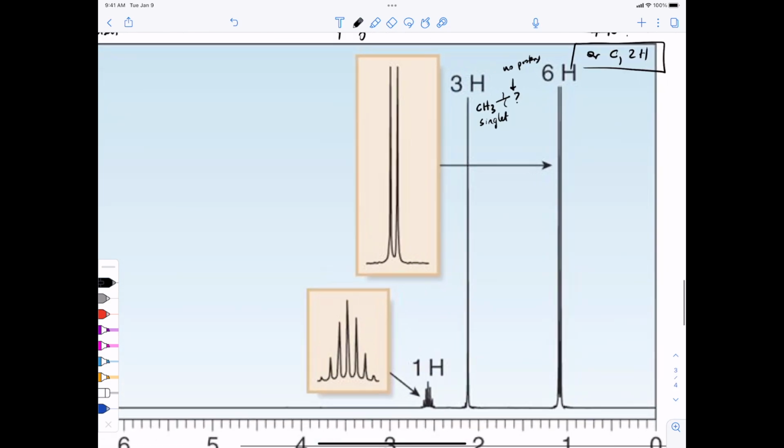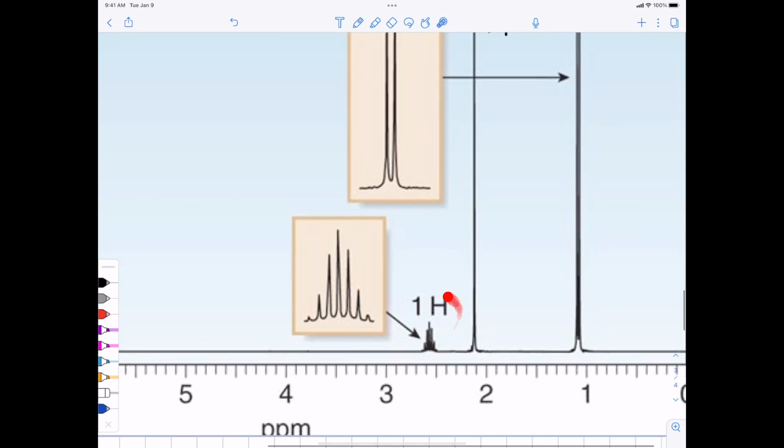How about this one? 1 proton, how many peaks are there? 1, 2, 3, 4, 5, 6, 7. That's a 7-line pattern. If you wanted to analyze those peak heights, and if you wanted to run Pascal's triangle out to the level n equals 6, you probably would come to that pattern.